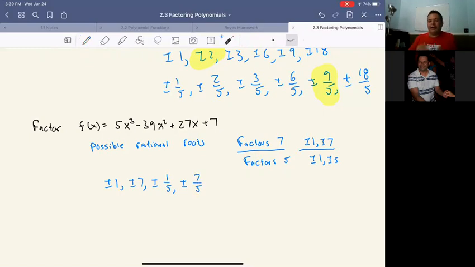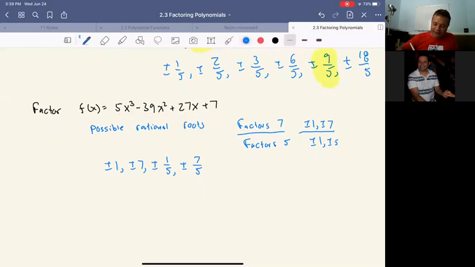All right, let's check. Let's check 1 and let's pray that it works. So 5 minus 39 is negative 34, plus 27 is negative 7, plus 7 is 0. So 1 is actually a root here. Oh, I like that.